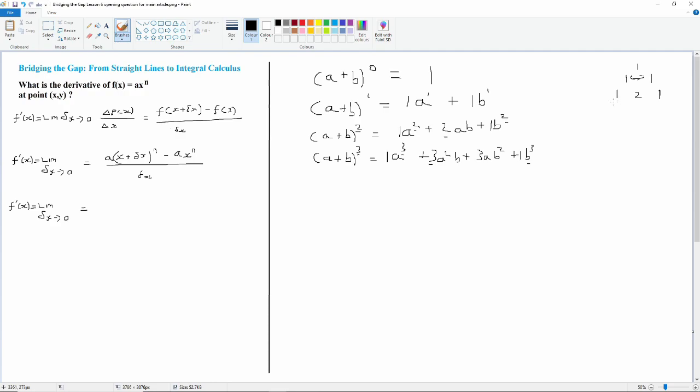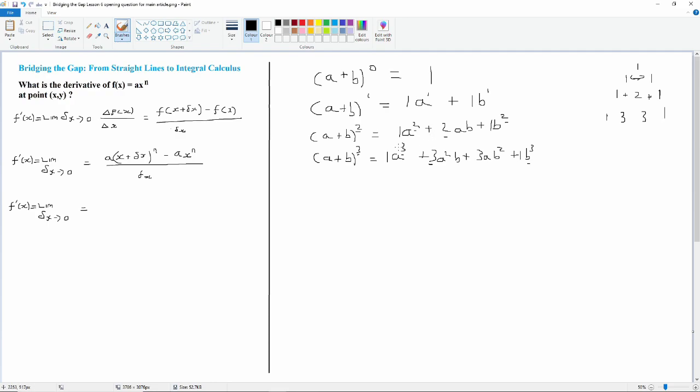And now we extend the pattern, so we have a 1, and 1 plus 2 is 3, and 2 plus 1 is 3, and then we have our 1 at the end.